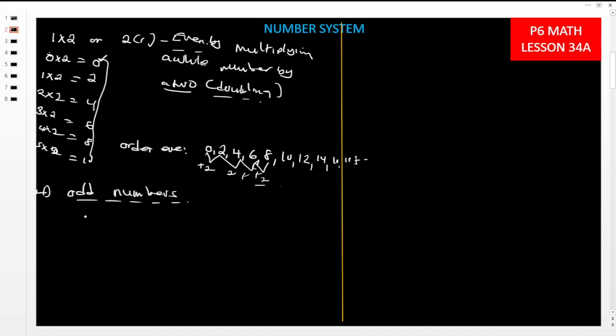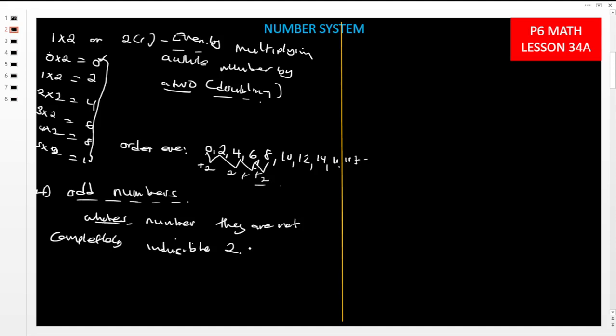They are whole numbers, as we said whole numbers start from a 0, but they are not completely divisible by a 2, meaning that they give a remainder. Now when you divide them by 2, you get a remainder of a 1.